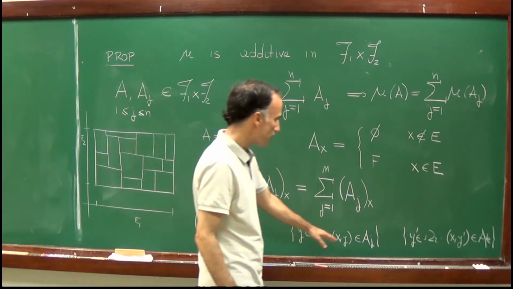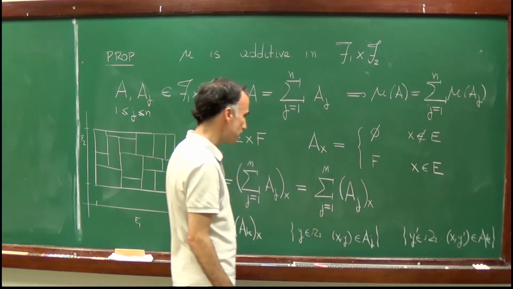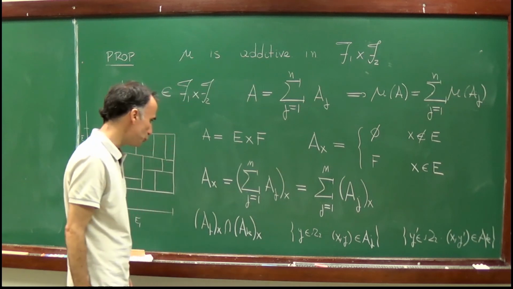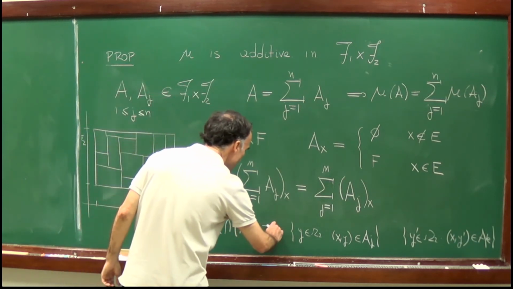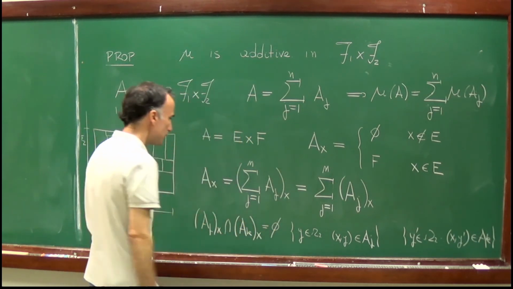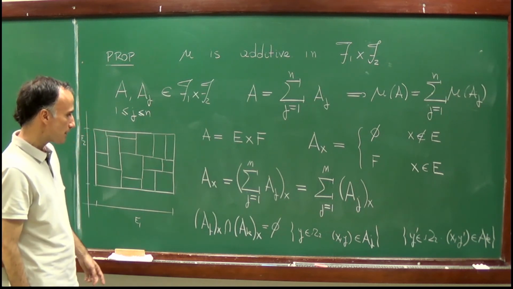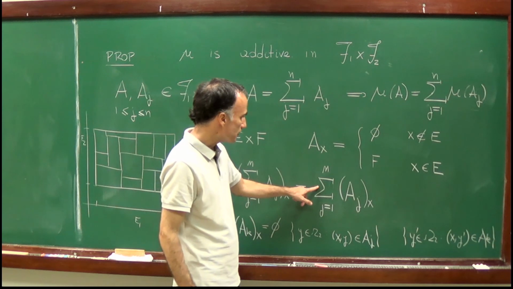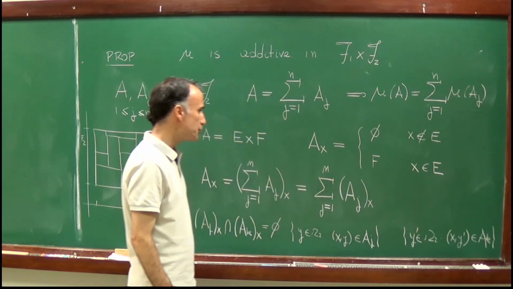So these two sets have no intersection, and therefore these sections are all disjoint two by two. So I just proved that this intersection is empty if J is different from K, and therefore I can replace here the union by the disjoint union.